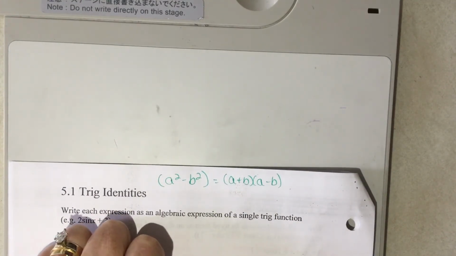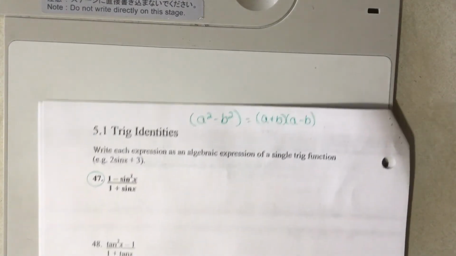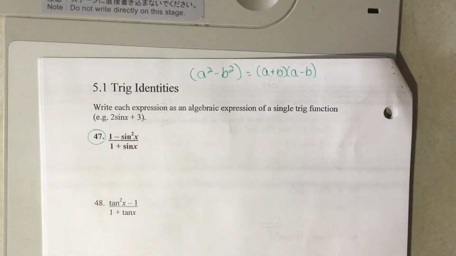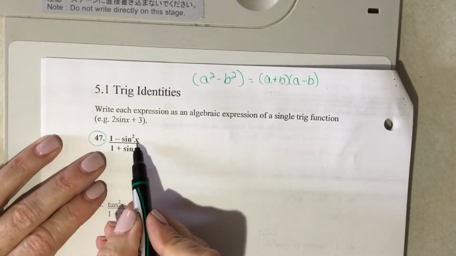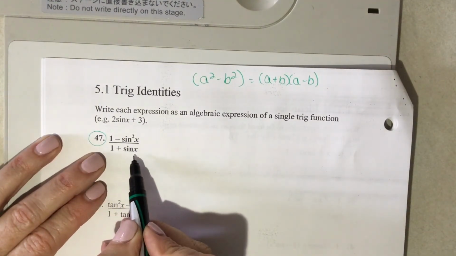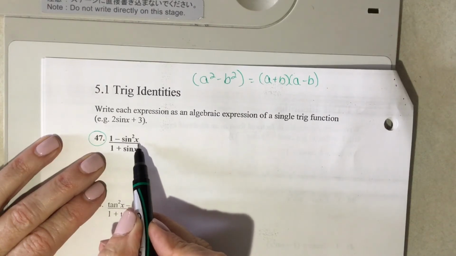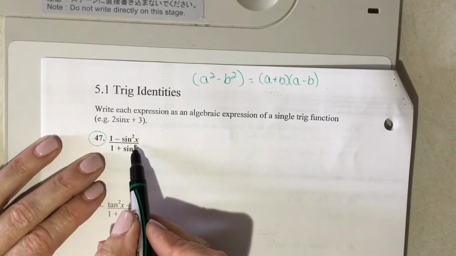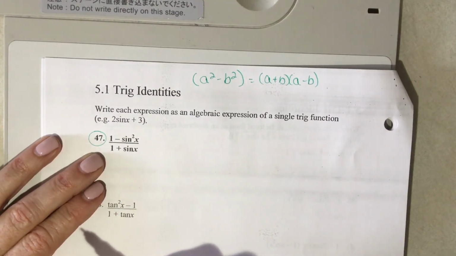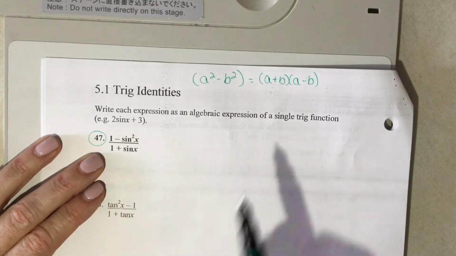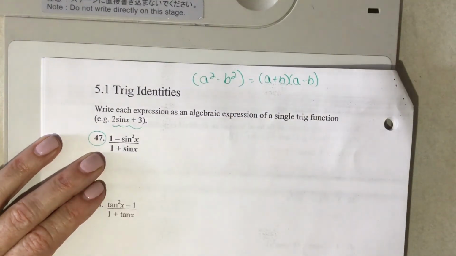Alrighty? Okay, so now let's look at 47. I have 1 minus sine squared over 1 plus sine squared. Well, Mrs. Meyer, 1 minus sine squared x will get me to cosine squared. Oh, yeah, absolutely, that's correct. But for what we're doing here, that doesn't help us. What we're trying to do is get it down to one expression.